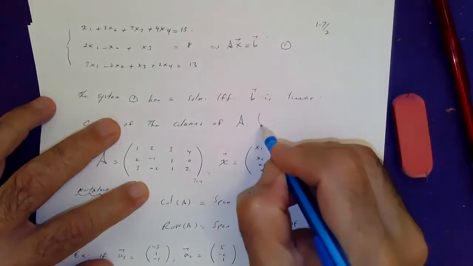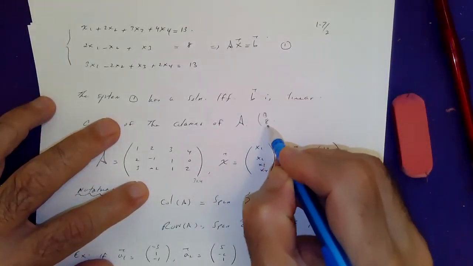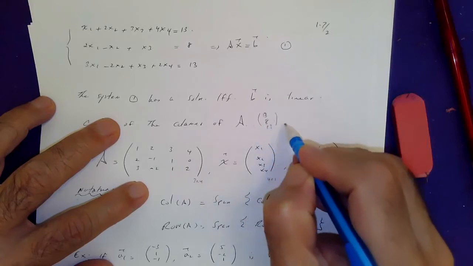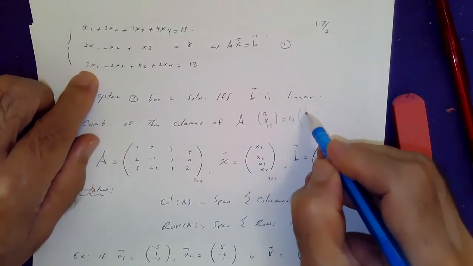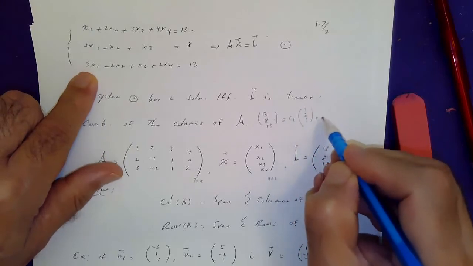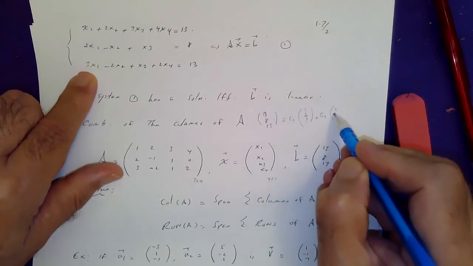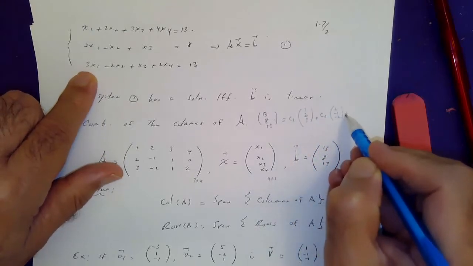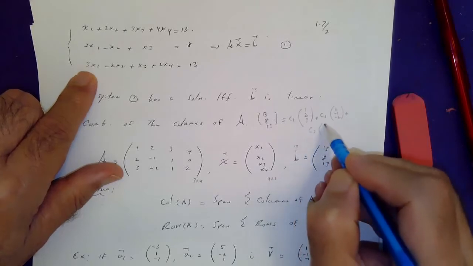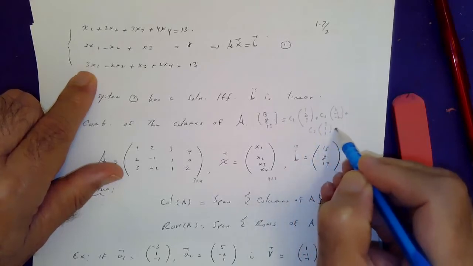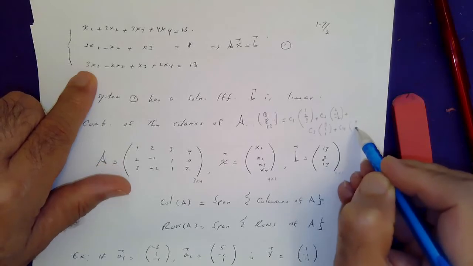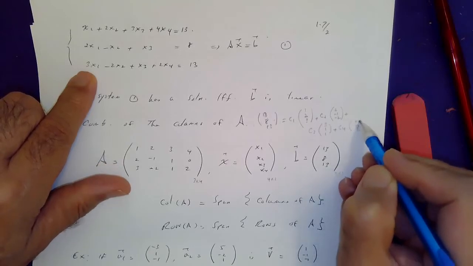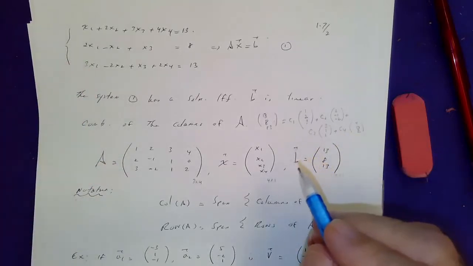What does that mean? That means I can write B, which is 13, 8, 13, as a linear combination of columns. So that would be C1 times 1, 2, 3. C2 times 2, -1, -2. And C3 times 3, 1, 1. And C4 times 4, 0, 2, correct?